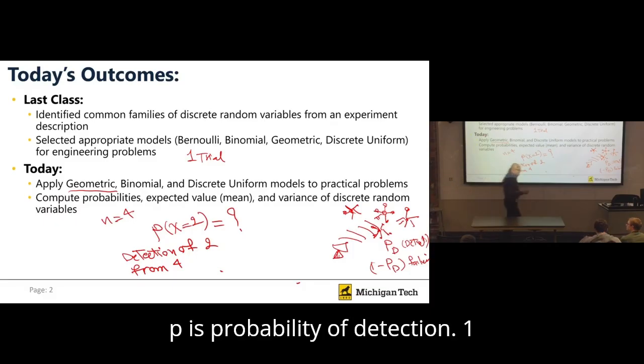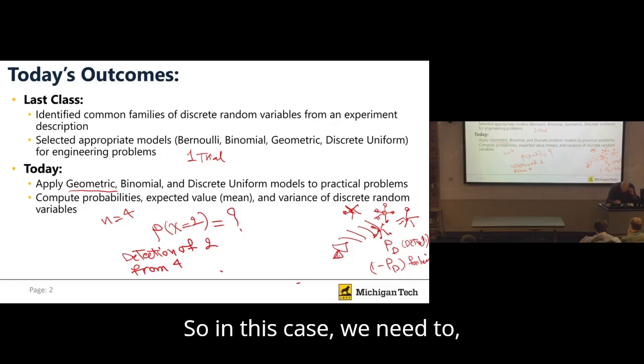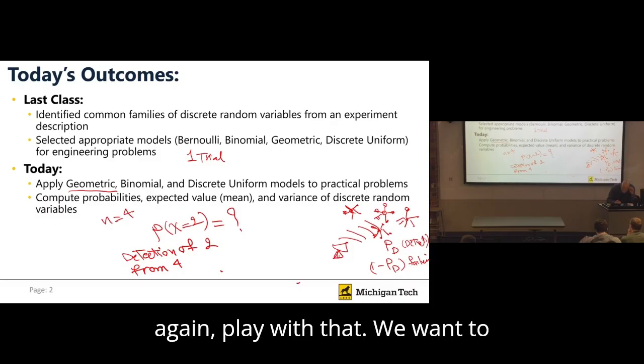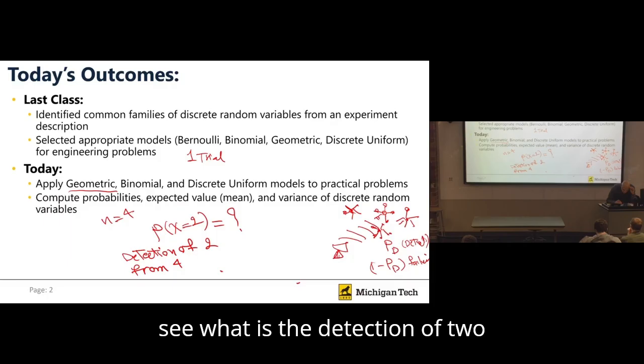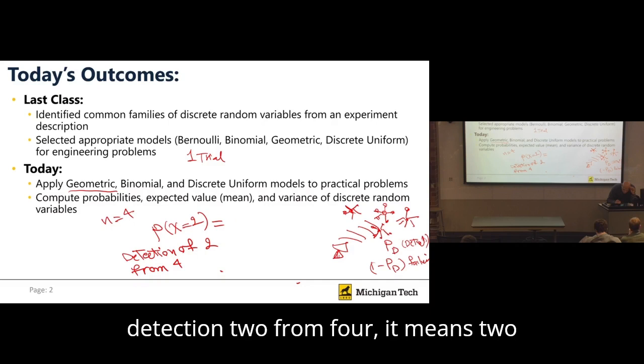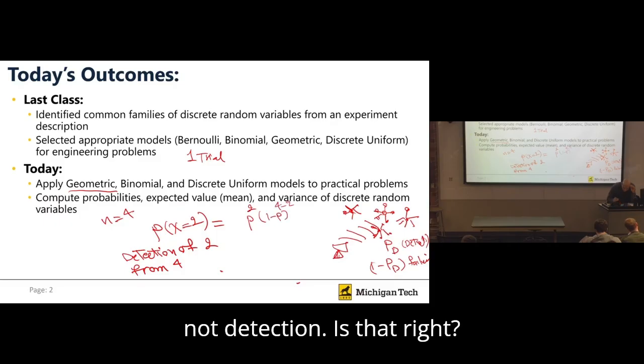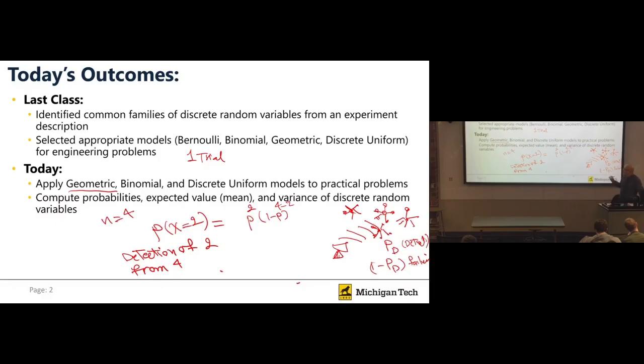The P is the probability of detection. 1 minus P is the probability of not detection. So in this case, we need to, again, play with that. We want to see what is the detection of 2 from 4. So detection of 2 from 4 means 2 detections and 4 minus 2 not detections. Is that right?